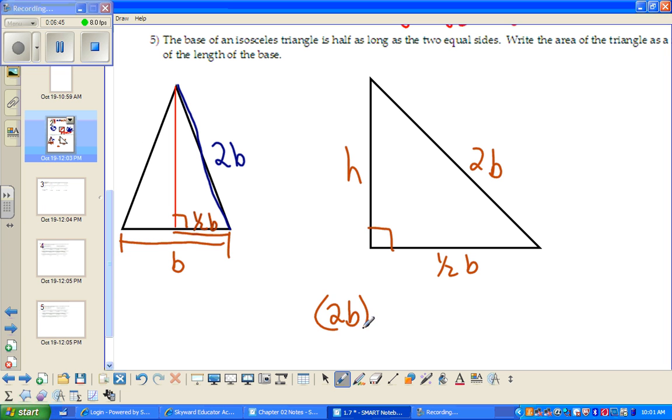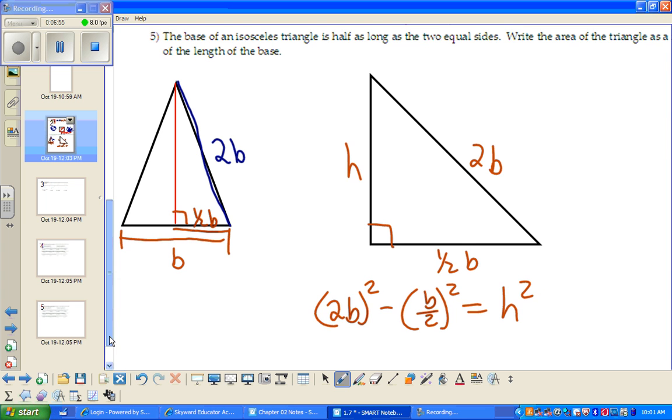So 2B squared minus 1/2 B squared will equal the hypotenuse, or the height squared, excuse me.